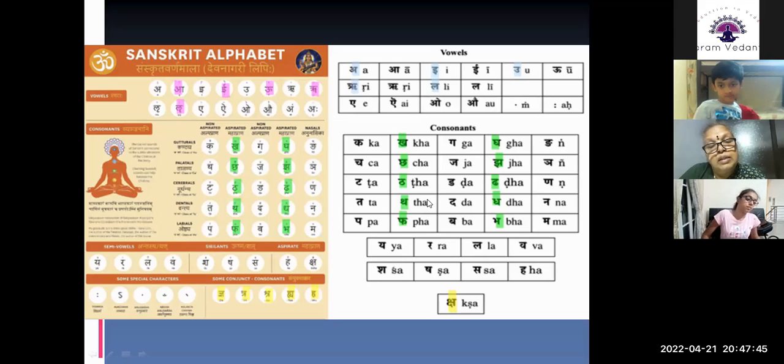Vargiya Vyanjana, in this class, the ones highlighted in the green are all similar to pronouns, isn't it? See, this first row and the third row are called Alpa Prana, and the second row and the fourth row of letters of Vargiya Vyanjana, that is consonants, are called Mahaprana.